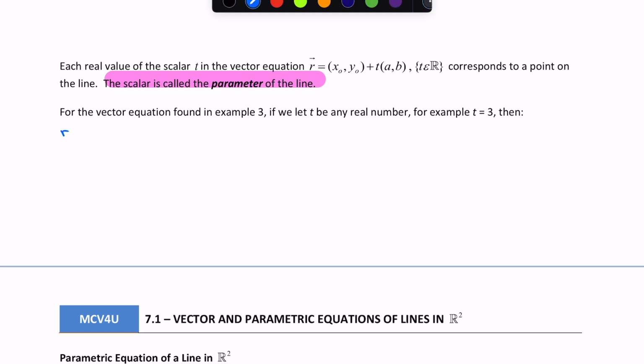And here we'll get vector r is equal to (4, 1) plus 3 times (1, -2). So that's equal to (4, 1) plus (3, -6), which will give us (7, -5).